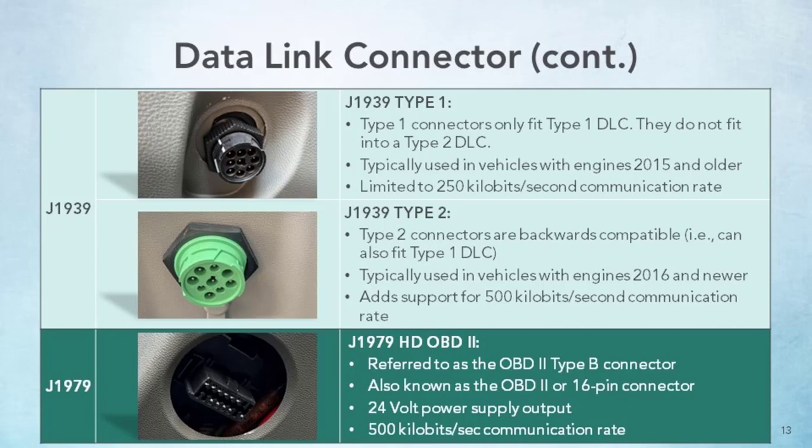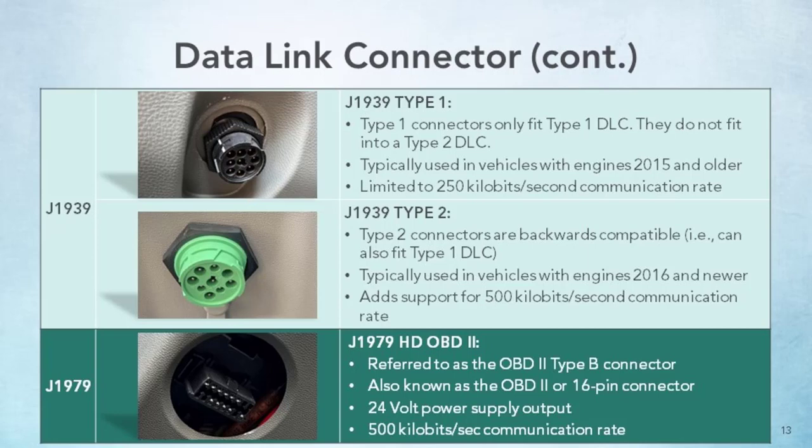It has a communication rate or baud rate of 250 kilobytes per second. The green round connector is known as the SAE J1939 Type 2 DLC. It is used in trucks with 2016 and newer model year engines and supports a baud rate of 500 kilobytes per second, double the baud rate of the Type 1 DLC.